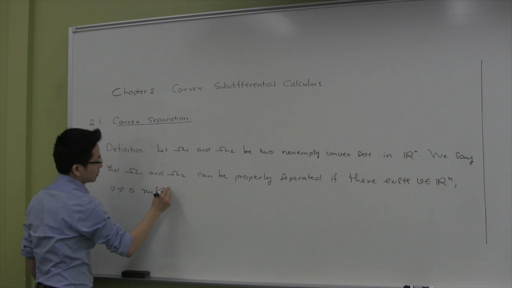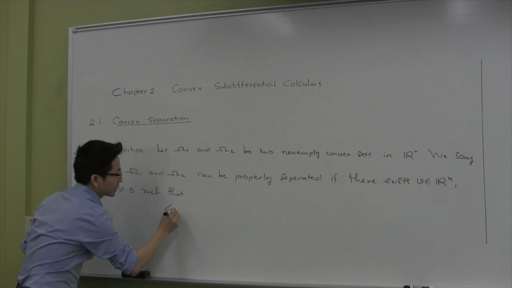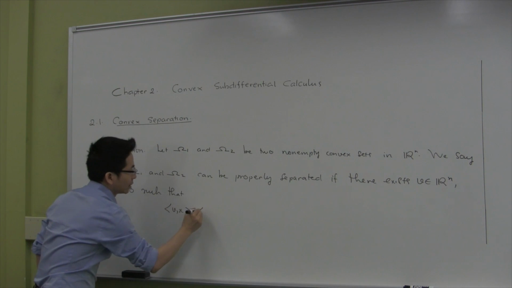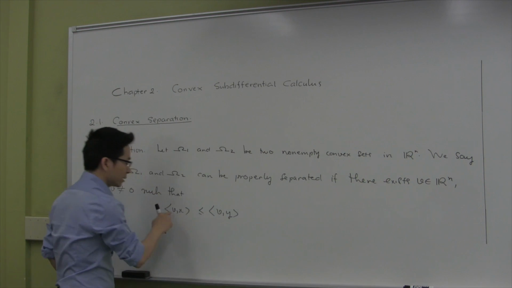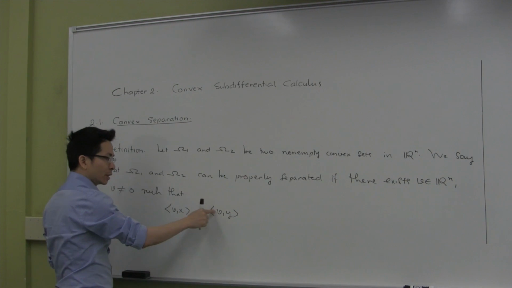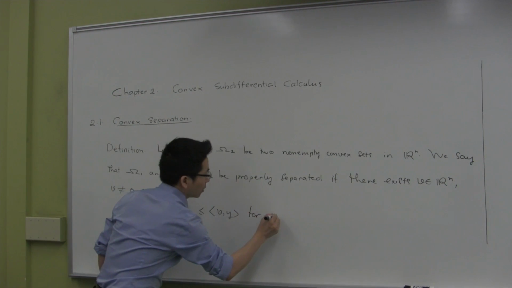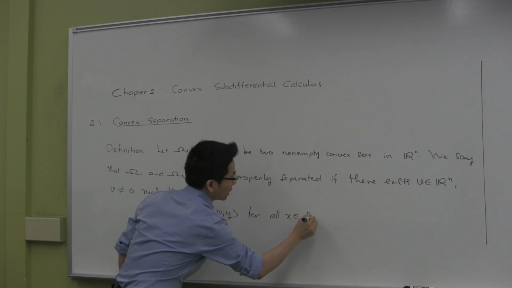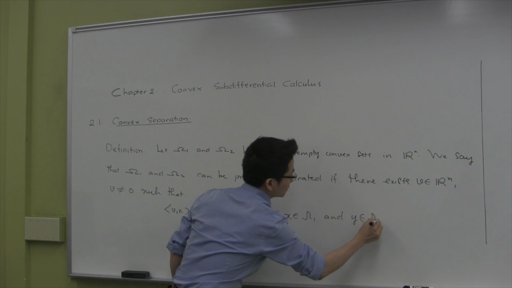such that Vx is always less than or equal to Vy. So here, this is the inner product of V and X is less than or equal to the inner product of V and Y for all X in omega 1 and Y in omega 2.